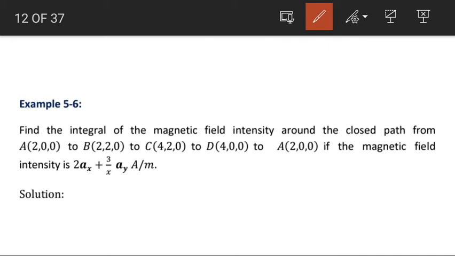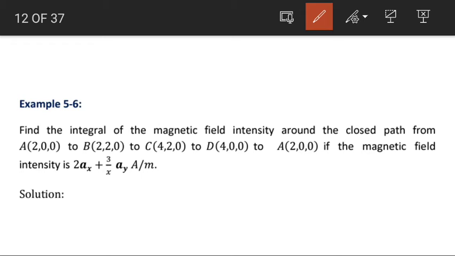Example number 6, find the integral of the magnetic field intensity around the closed path from A to B to C to D and then back to A. So this is a closed circular path. If the magnetic field intensity is 2 ax plus 3 by x ay ampere per meter.